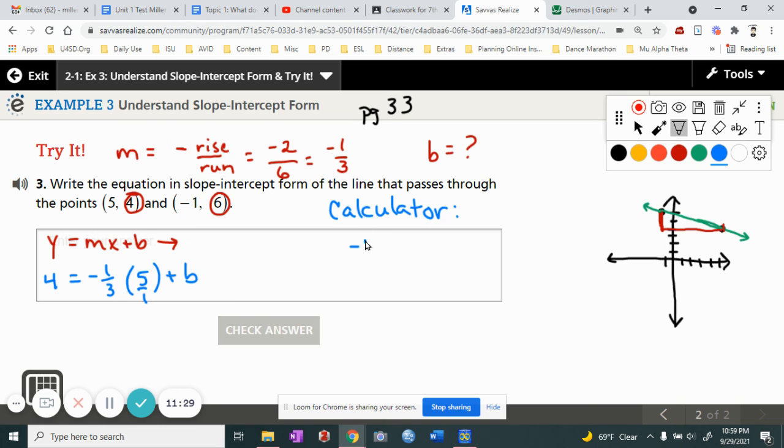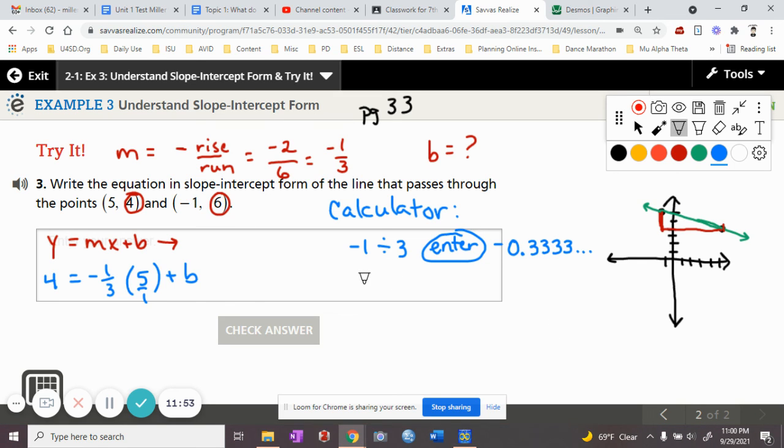if I do negative 1 divided by 3 and then hit the enter button, I'm going to get a decimal. That gives me negative 0.3333, and that goes on. Okay.